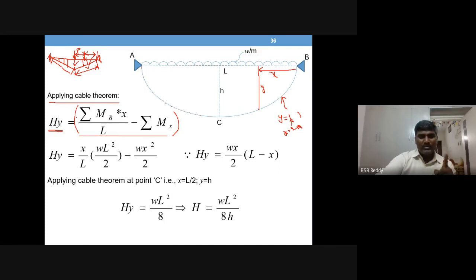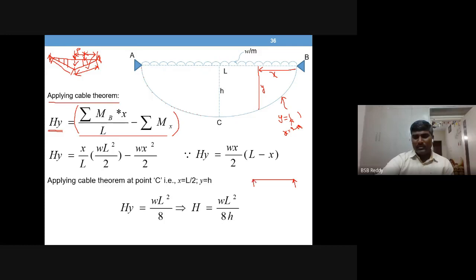Now you apply this theorem to this case of a cable subjected to UDL. So x by L, sum of all moments about B, you substitute it here. So take moments about B. You assume a simply supported beam with UDL. I'll just show you how this will be.